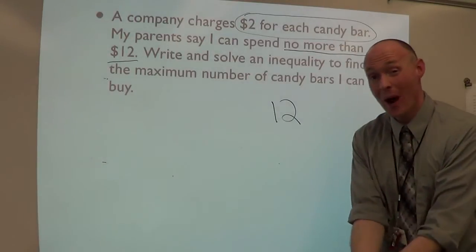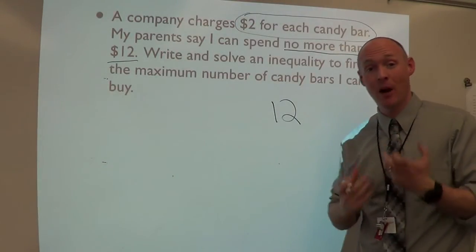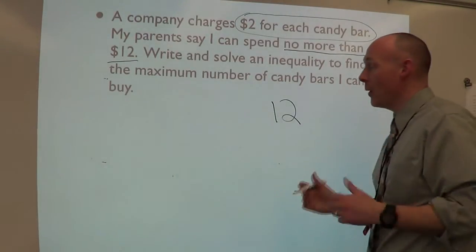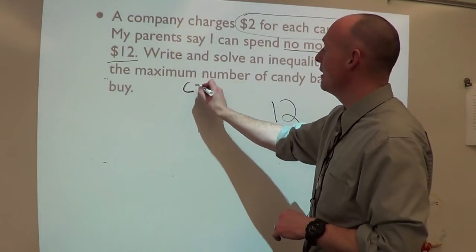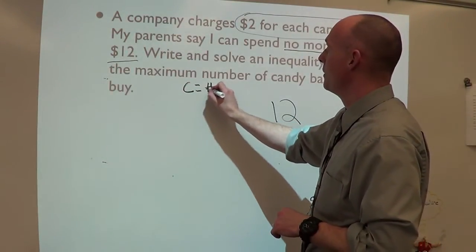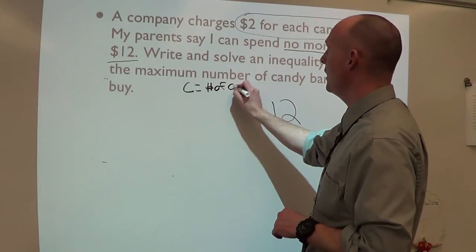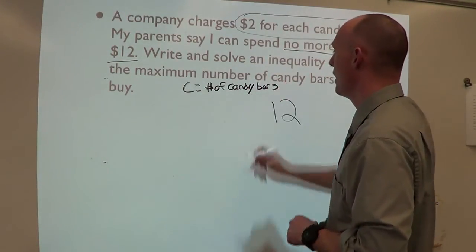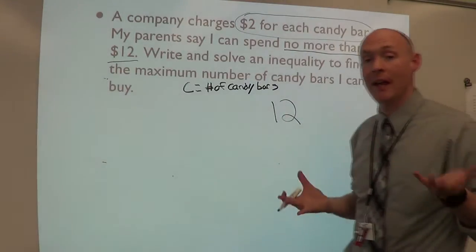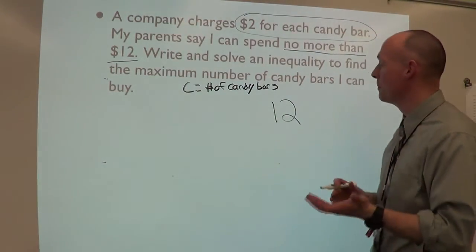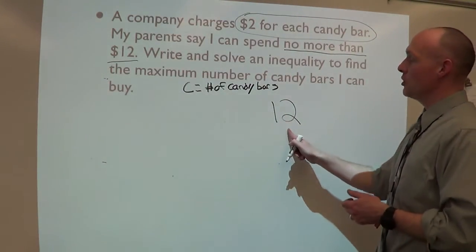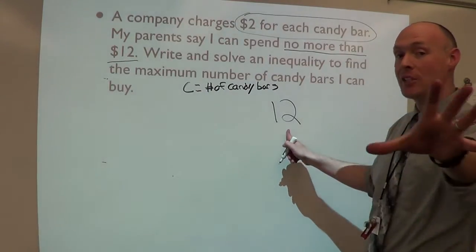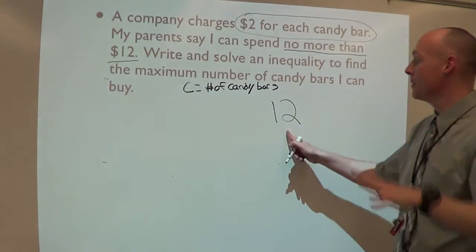Do we know how many candy bars we can get? We have no idea. So I'm going to let C be the number of candy bars. Because we don't know how many candy bars we can get. That's what we're trying to solve. We do know $12 is the maximum amount of money I can spend.